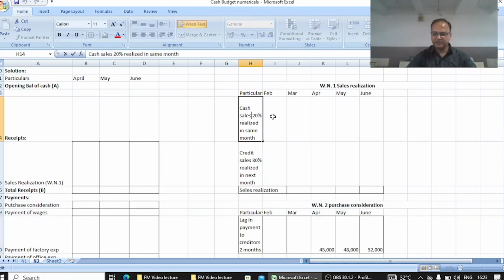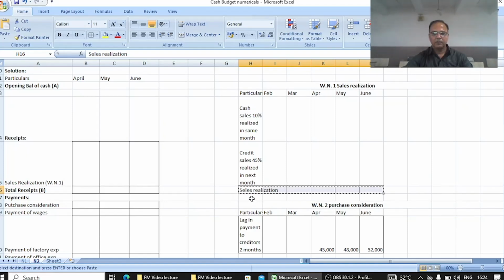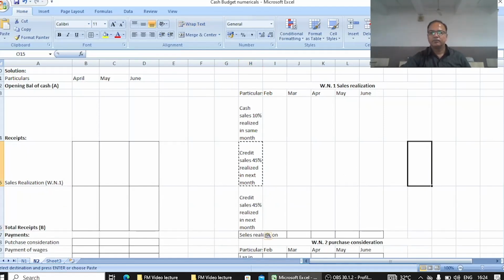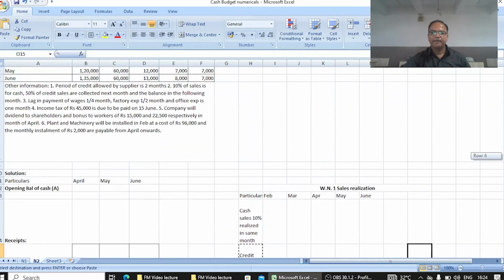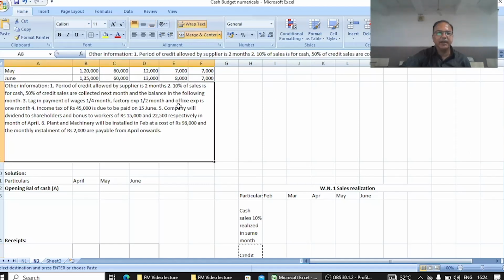Now here cash sales is 10%, 45% collected in next month, 50% of credit sales are collected next month and the balance in the following month.